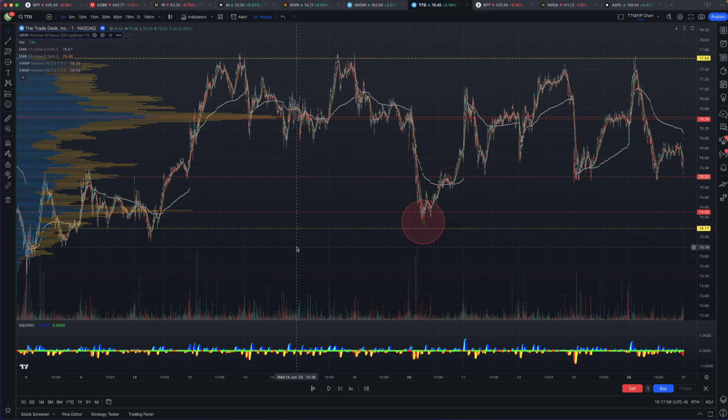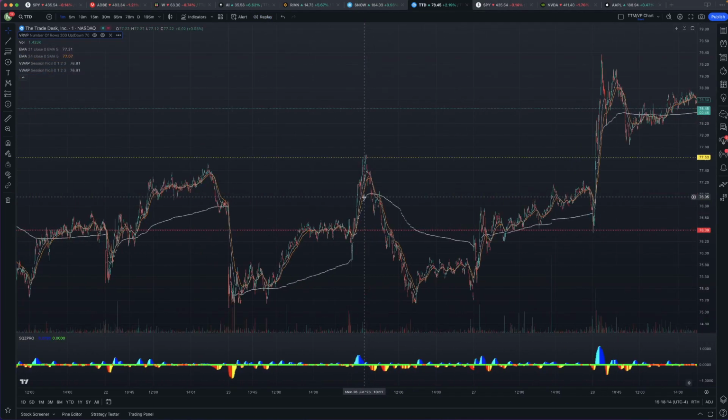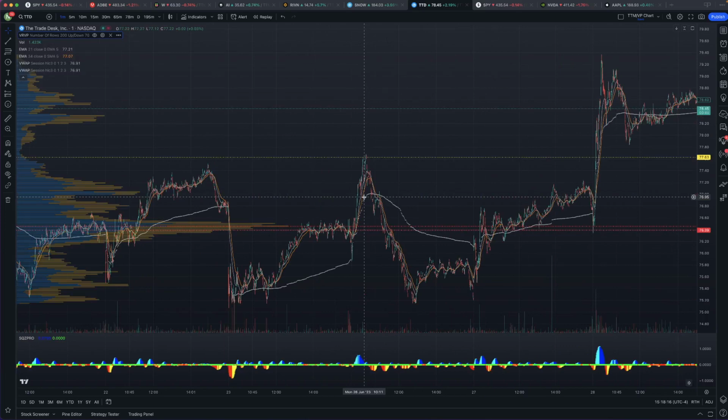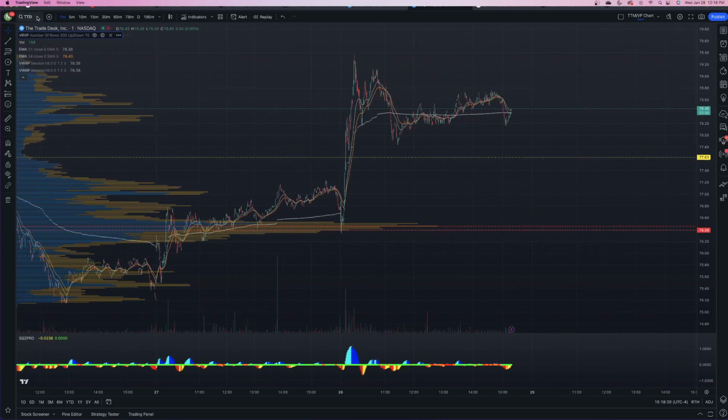Do I trade, Asian trader? No, I don't trade on TradingView. I trade in TOS, thinkorswim. Let's see here. TTS, is that a chart you want to look at?